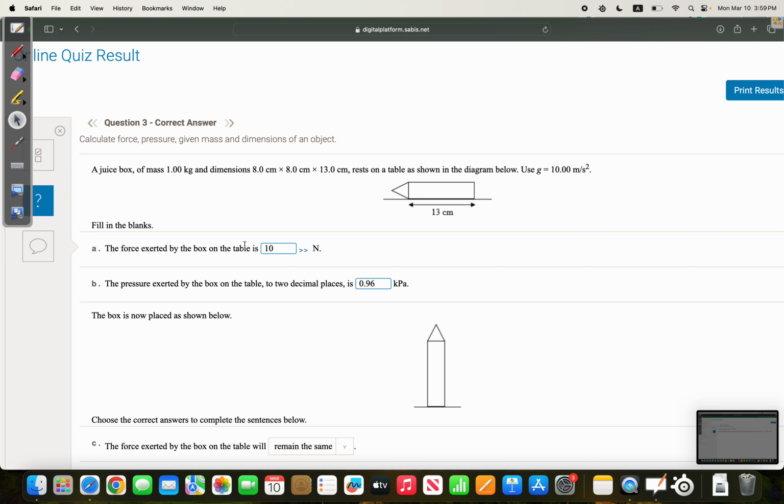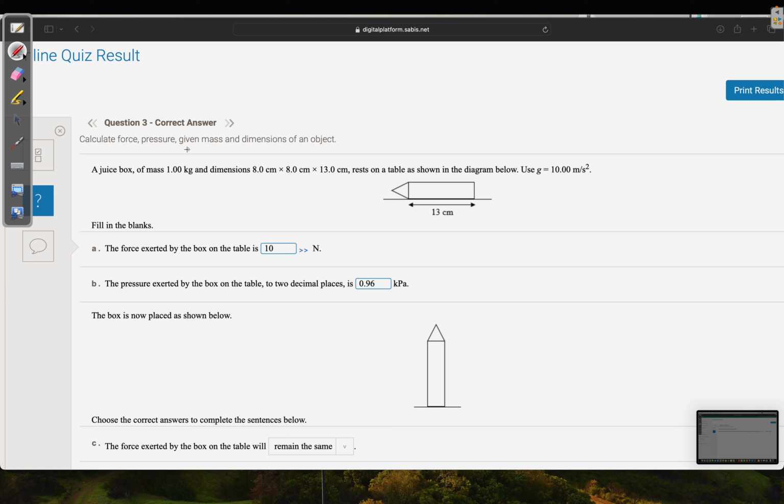Okay, first of all, in part A, they want the force. To find the force, we're gonna have to do the mass, which is 1, times 10, which is g. So it's 10. Okay. The pressure exerted by the box on the table to two decimal places.